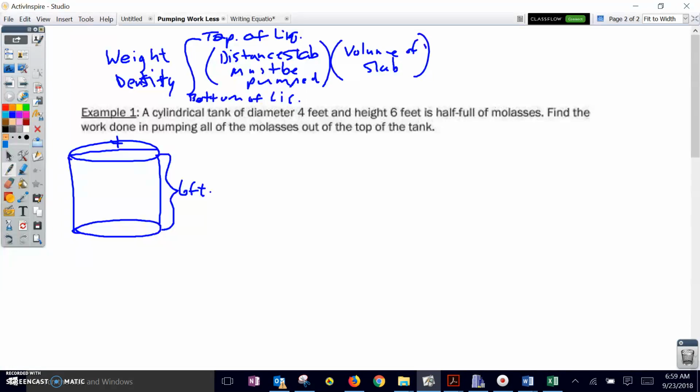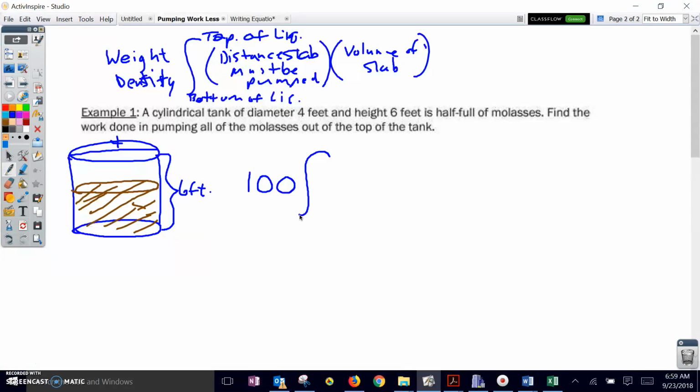And it is half full of molasses. Okay, so as far as setting up our integral, first I need the weight density of molasses. You can reference the table on the previous page. Find that the weight density of molasses is roughly 100 pounds per cubic foot.